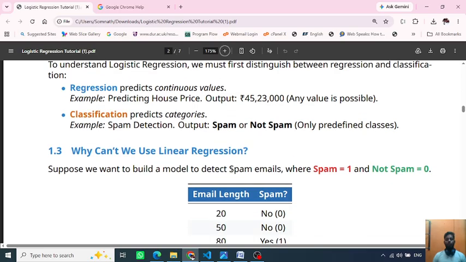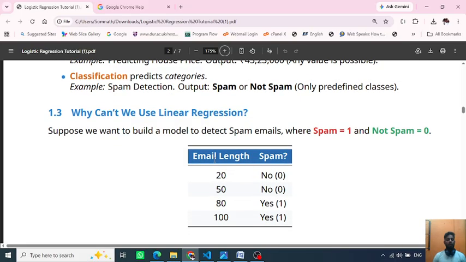Let's look in more detail. Why can't we use linear regression? Suppose we want to build a model to detect spam emails, where spam equals 1 and not spam equals 0. Any algorithm returns a numerical value, not a string or character, like 10, 876, minus 1, 2, minus 3.